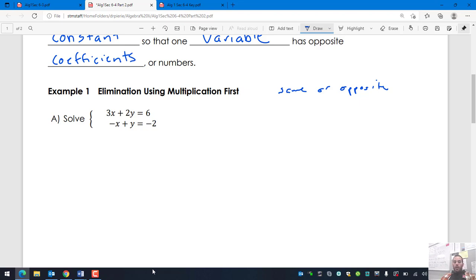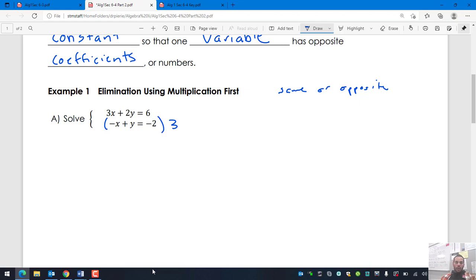Okay, I want to change this bottom equation so that I have opposite coefficients between both of my x terms. Okay, so I ask myself, there's a 3 up here. How do I change this -1 to make it a -3? What can I multiply -1 by to make it -3? What I'm going to do is I'm going to multiply this entire bottom equation by plain old +3.